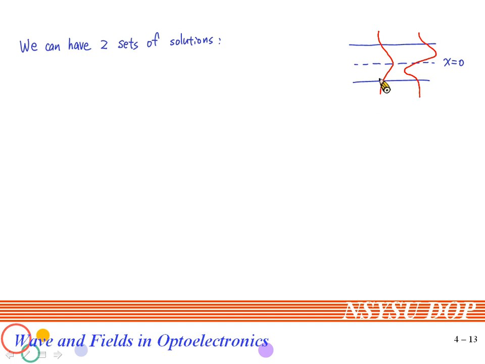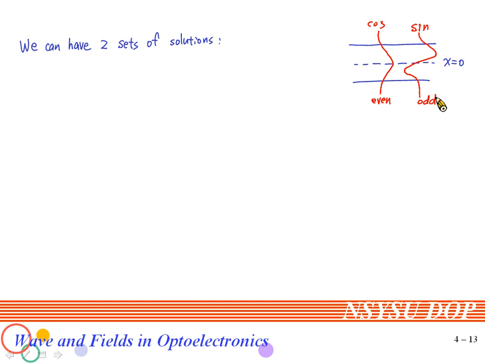Okay, so this is cosine function, this is obtained by sine function. And you can see with respect to the center line here, the cosine function corresponds to the even function, and the sine function will stand for the odd function.